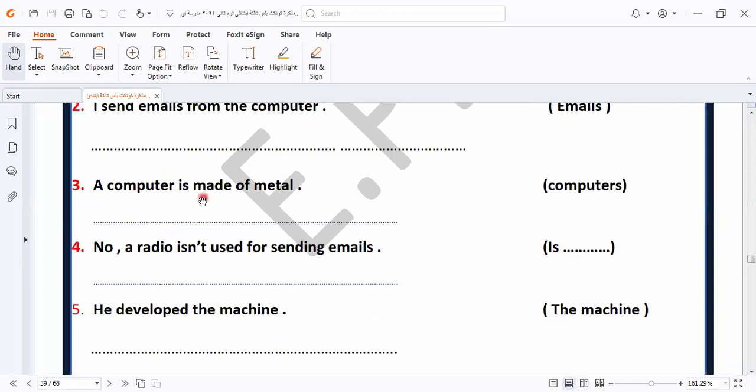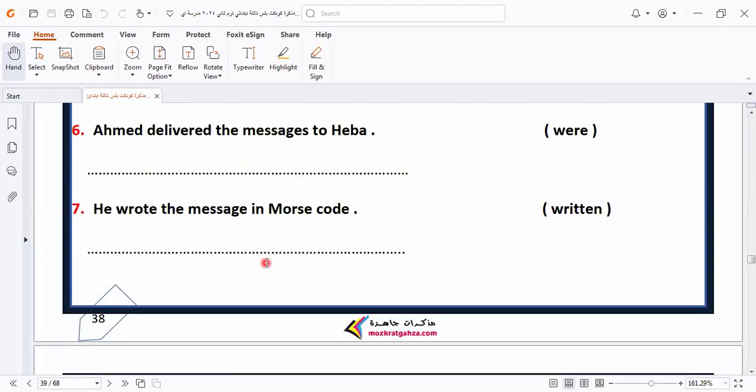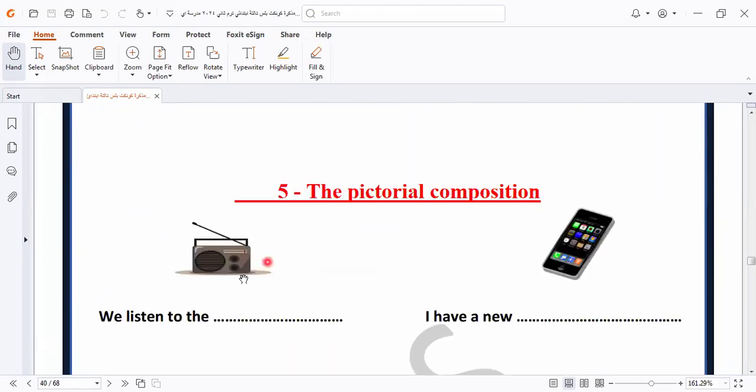A computer is made of metals. So here is computers, and we omit "a computer" and use computers. So it will be computers are made. I will leave the rest to do as homework.